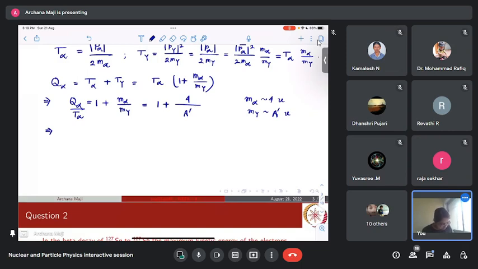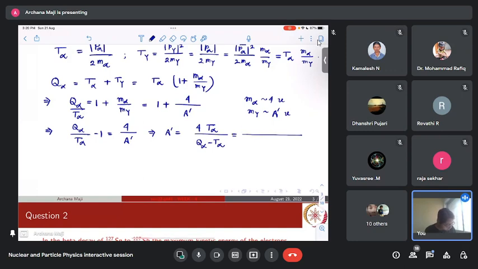From here, Q alpha by T alpha minus 1 is equal to 4 by A prime, or A prime will be equal to 4 T alpha divided by Q alpha minus T alpha.